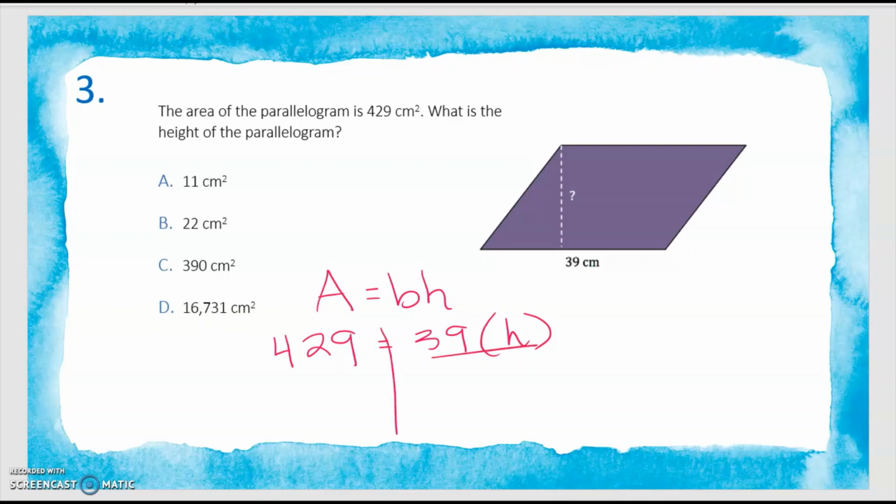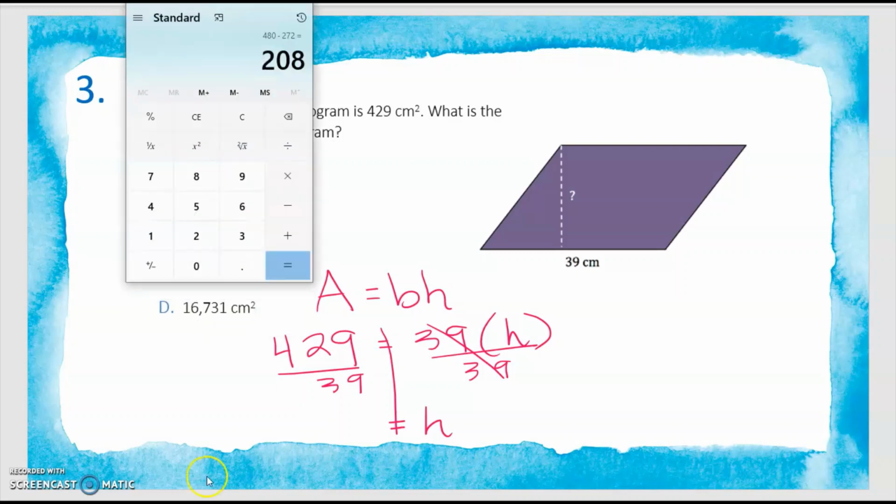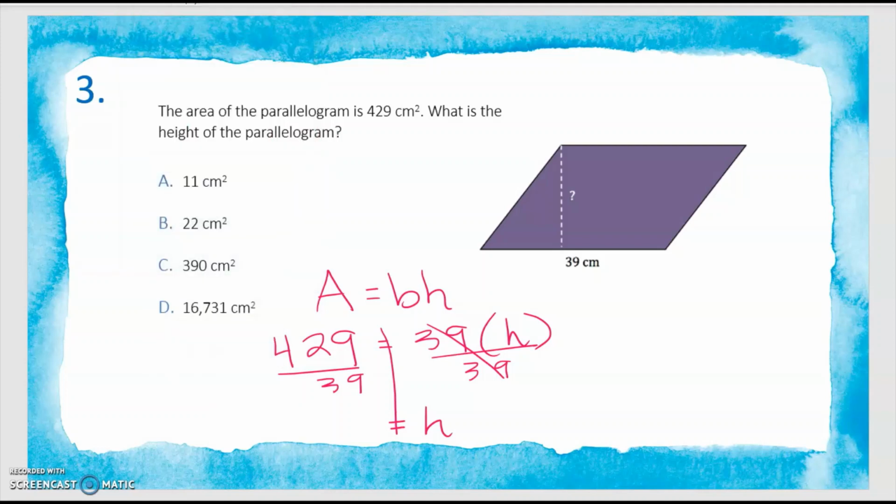And I have a one-step equation, so I'm going to divide both sides by 39. And 429 divided by 39 is 11. So that is my height. Pause if you need some more time.